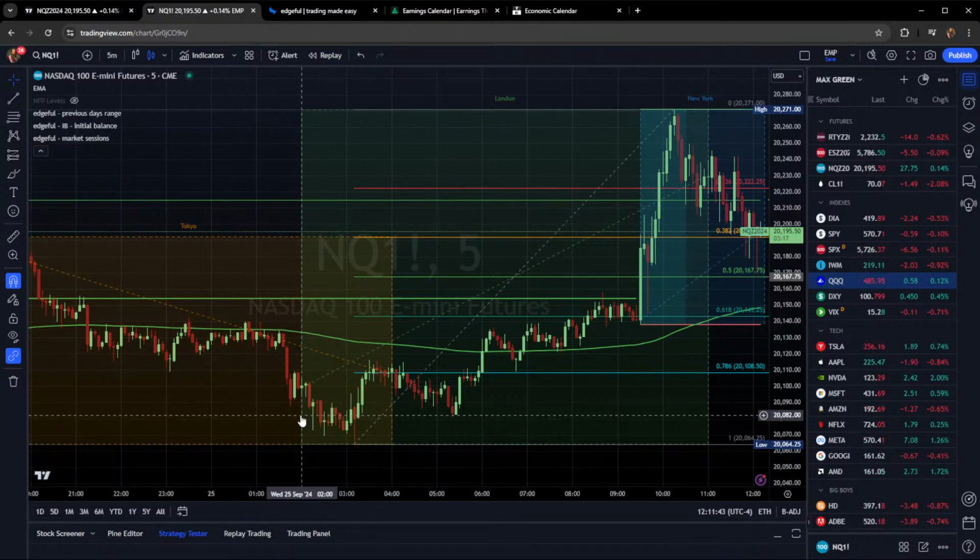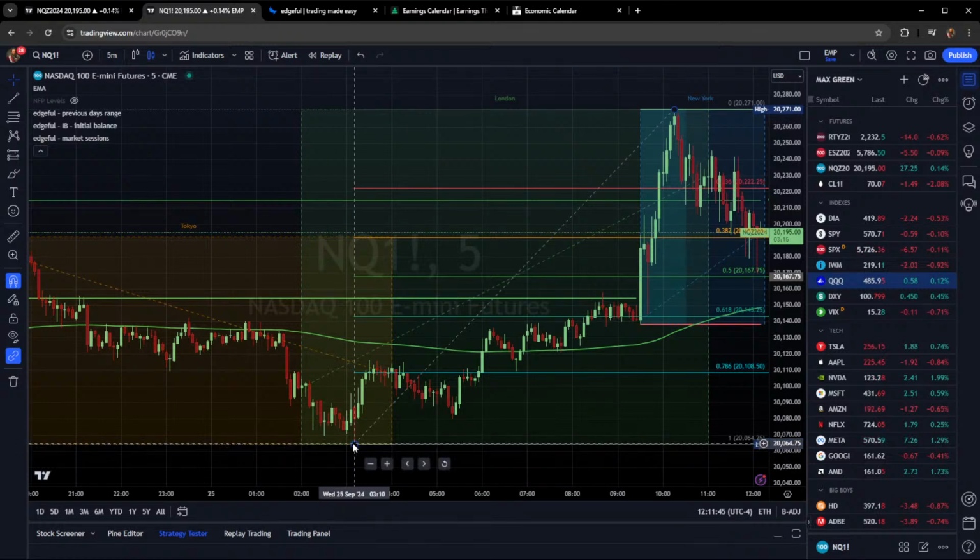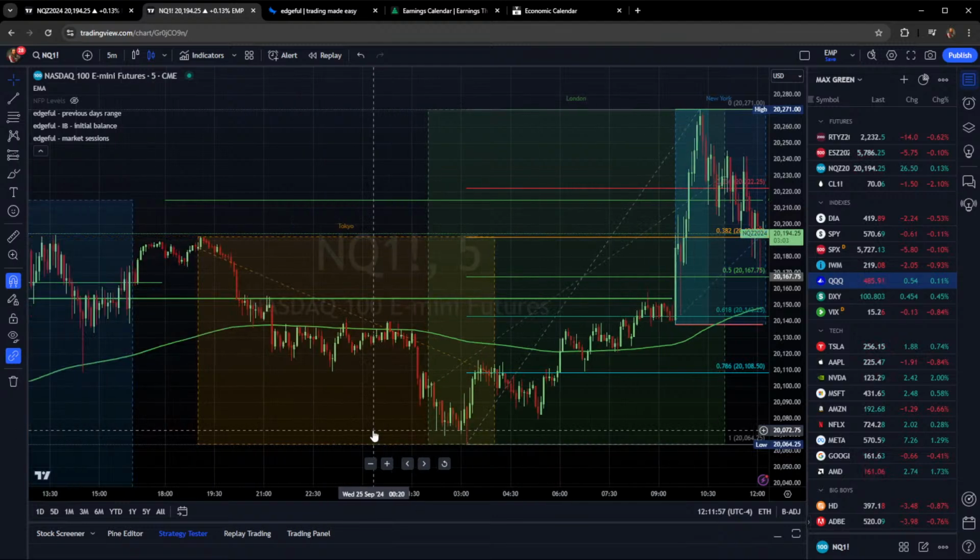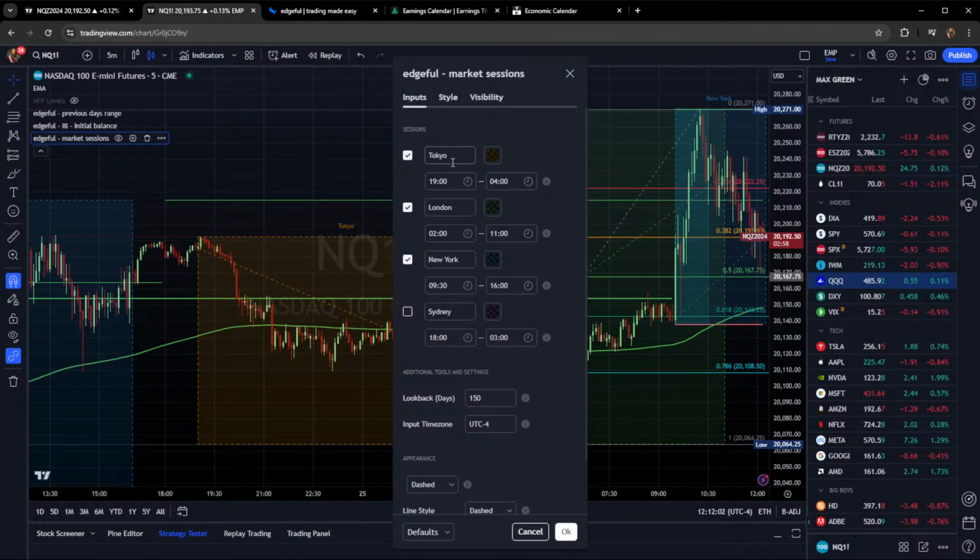So London session opens here, but I think the actual trading hours open around 3. You almost always see a lower high of the night right around this 3 a.m., which I'm sound asleep. But I like this indicator right here because it has them pre-programmed for Tokyo, London, and New York. And you see Sydney right here.